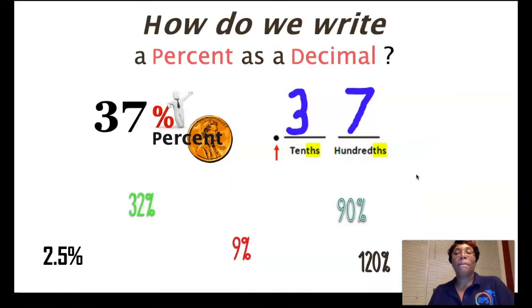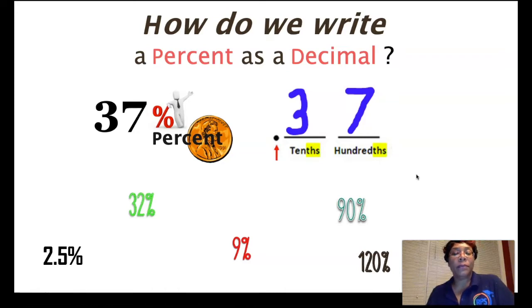Okay? So how do we write a percent as a decimal? This is fairly simple because percent means out of 100. All we have to do is really take where the percent sign, take our decimal point and move it 2 places to the left. Because we're moving it to the left, that means we're really dividing it by 100.